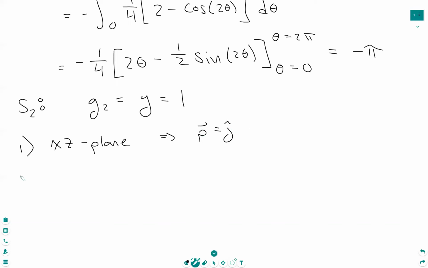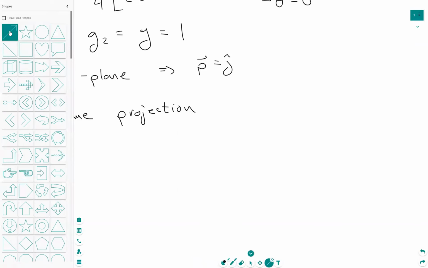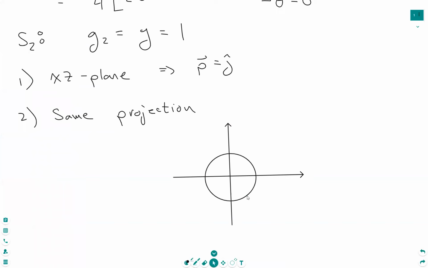So we get j hat, 2, this is the same projection. So again, maybe we use polar.